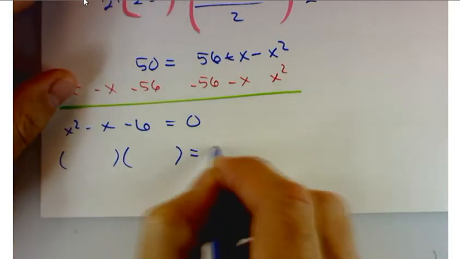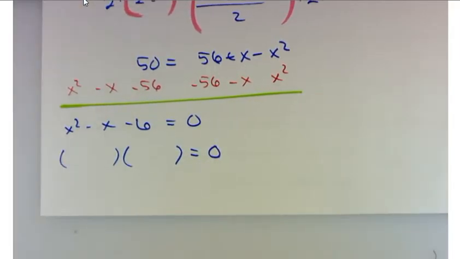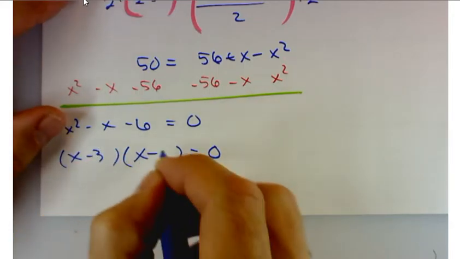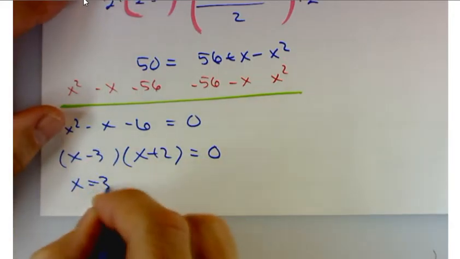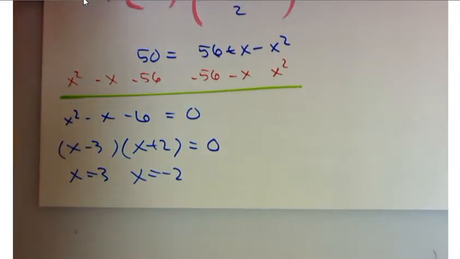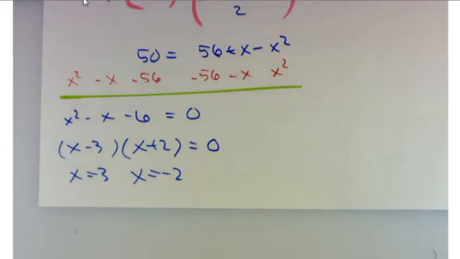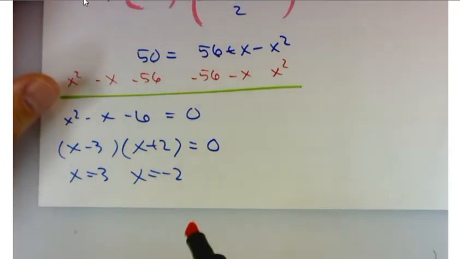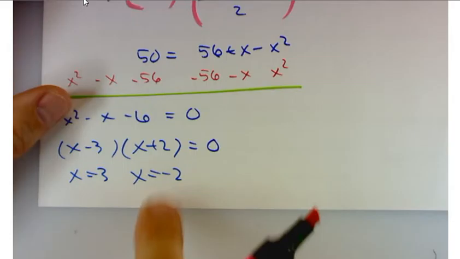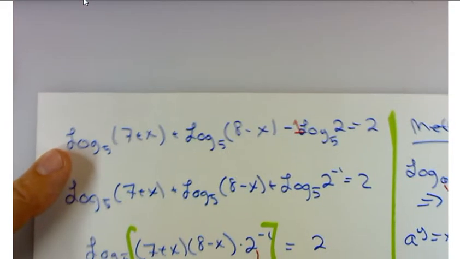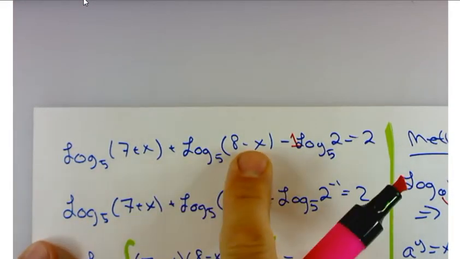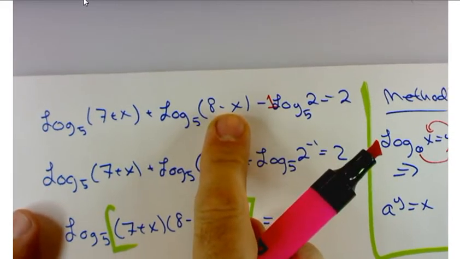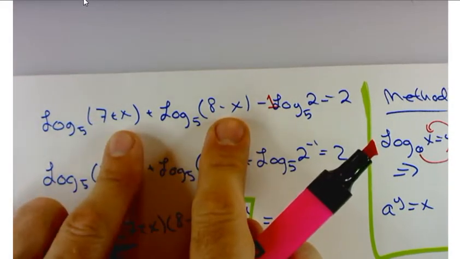And that's a little bit easier to work with. Let's see if I can factor this one correctly. It factors as x minus 3 and x plus 2. So x equals 3 and x equals negative 2, right? Go ahead. Good job. Got to check it. So if we check it, if I put in a 3 here, is a 3 going to create any problems in terms of giving me a negative number?